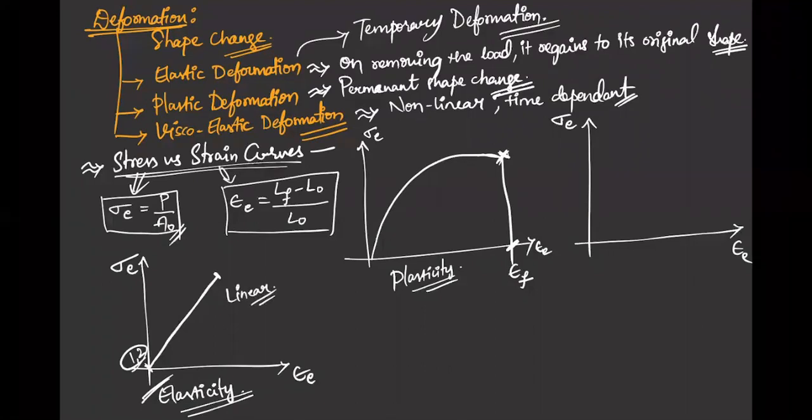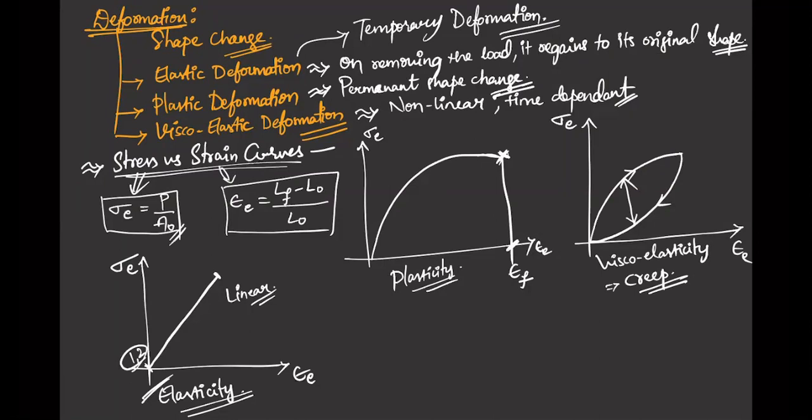Whereas here it is non-linear, going somewhere like this. On unloading, it comes back to its original position but in a different path, and also takes some time to come back. This is known as viscoelasticity. The best example for this is creep. We'll discuss all the mechanisms in our full course, but this is an example to give.